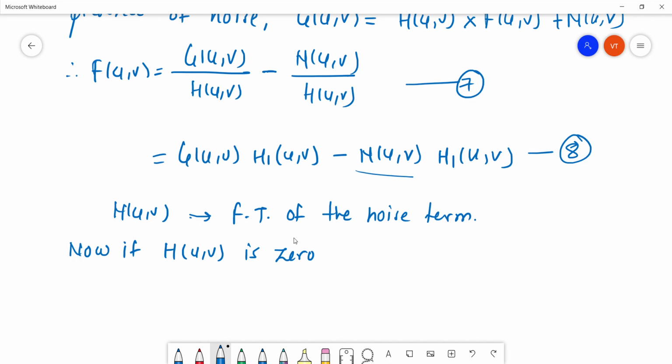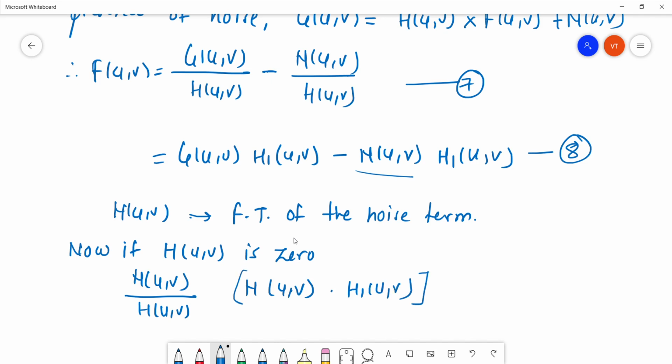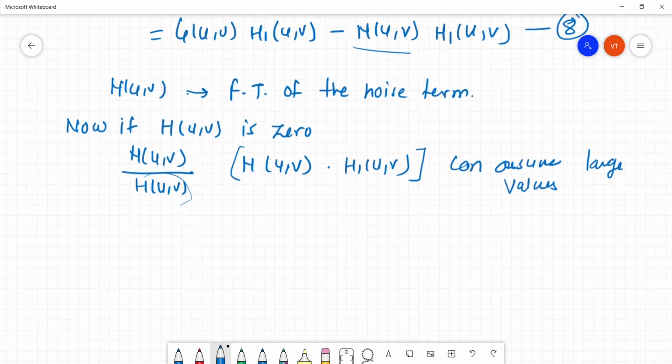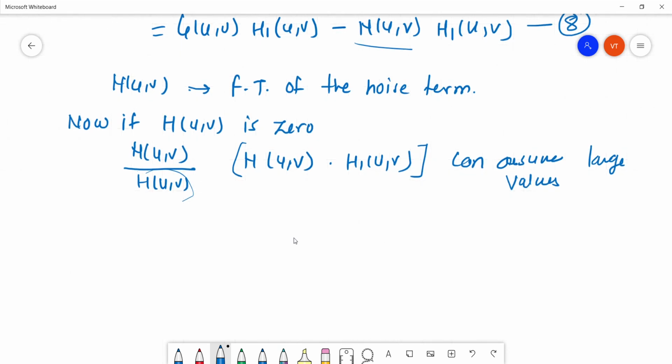Then what will happen to the term N of u,v upon H of u,v, that is N of u,v into H1 of u,v? It is something divided by 0, so it can assume large values, resulting in amplification of noise.